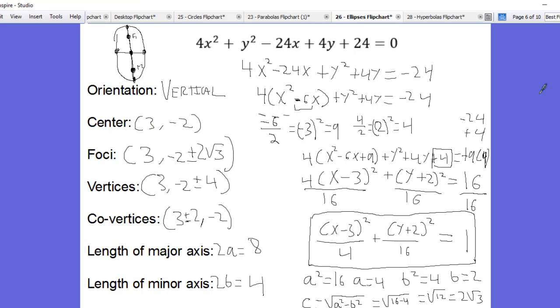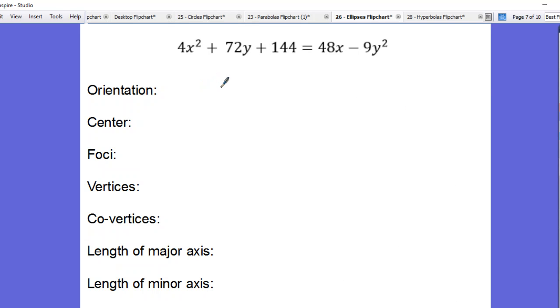All right. Let's go to this problem. Now we have to group our x's and y's again, and get the constant on the other side. So we have 9y squared.